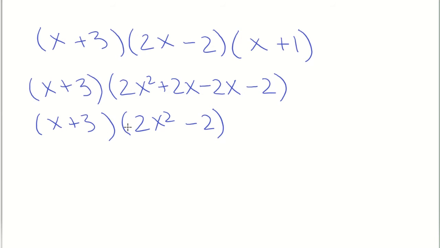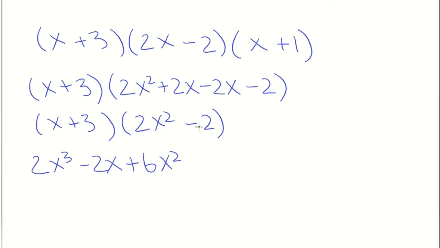So x times 2x squared, well, that's a positive 2. x times x squared is x to the third. x times a minus 2, that's a minus 2 and x. 3 times 2x squared, positive 3 times 2 is 6, and the x squared.